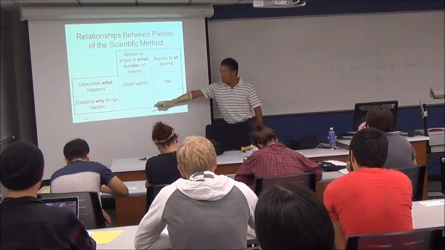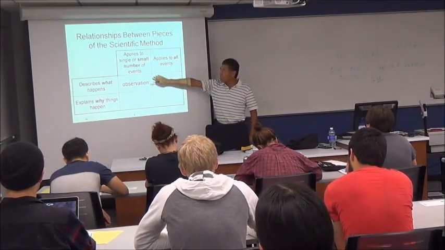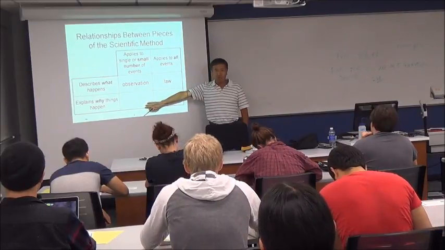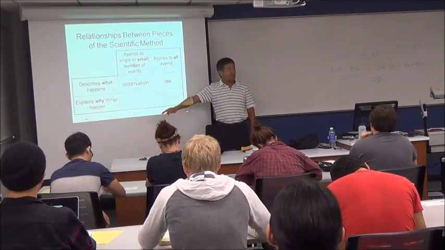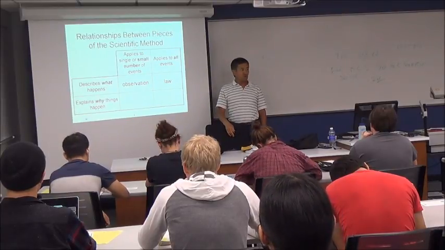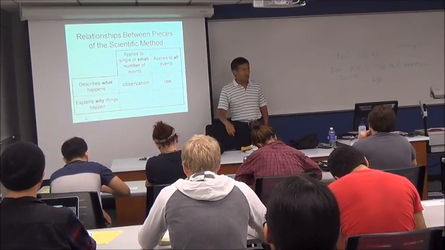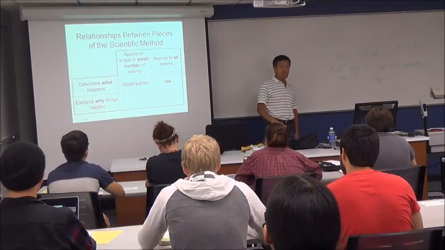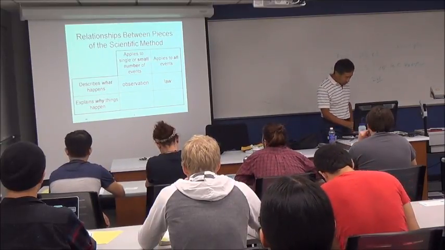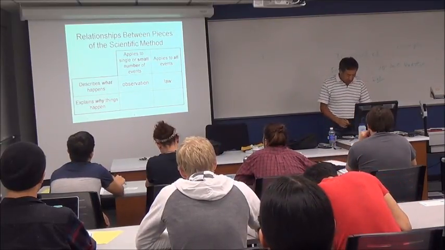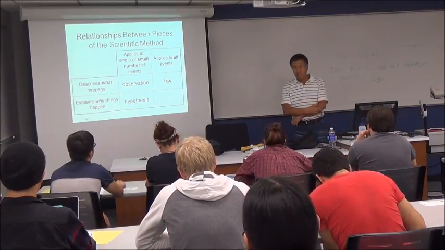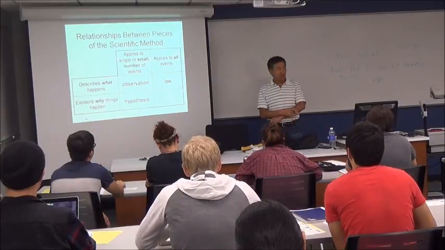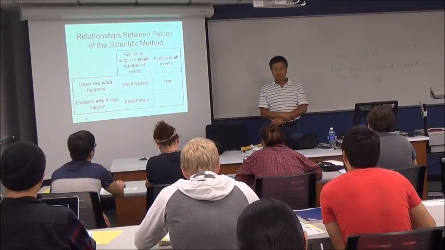Now, this space here is about a small number of events, and it explains those events. What do we call that? Hypothesis. Because, as we saw in the last slide, one keyword for the hypothesis is explanation.